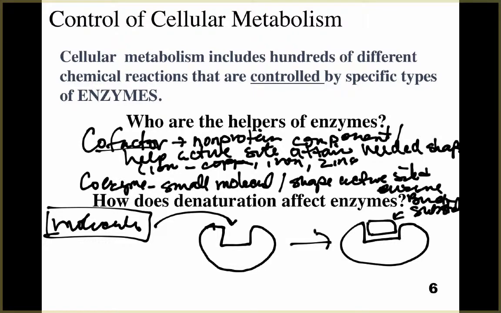Maybe it ends up breaking it in half into two different molecules. And so these cofactors and coenzymes are going to go on here and attach to it. It's all a difference between, are they something like a mineral, or an ion like copper, iron, or zinc, or are they a small molecule that helps to do this?